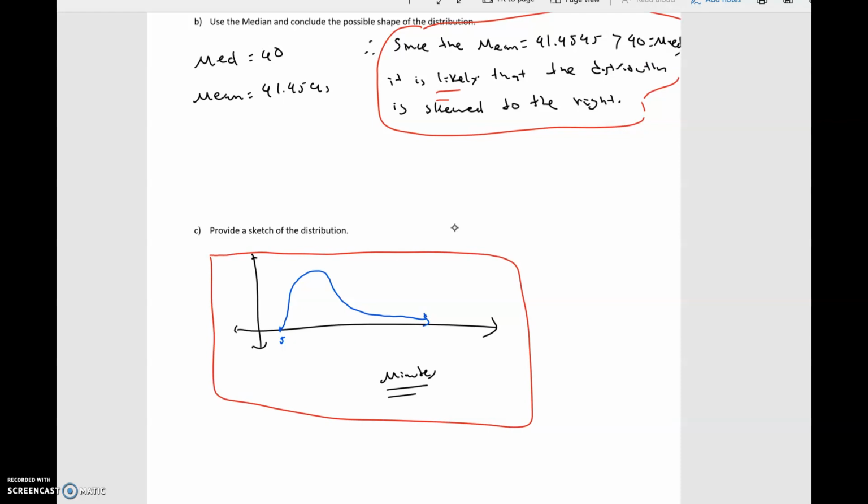Skewed to the right means it starts, in this case, at 5, and then it goes all the way to infinity. I don't want to put the value of 100 here because that may be misinterpreted as it stopping. We typically just put an arrow. The actual outliers are going to appear on the right hand side. You may include the 100, but it's not needed to include all those values. All of these would typically be done by technology.